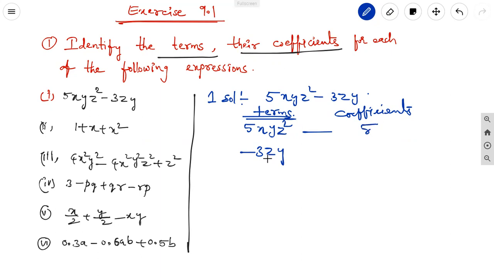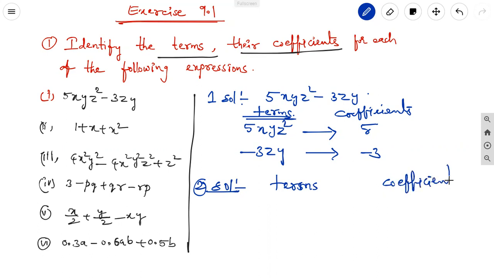In the second term, minus 3zy, zy are the variables and the coefficient is minus 3. That is the first one. First we write the terms, then the coefficients of their respective terms.